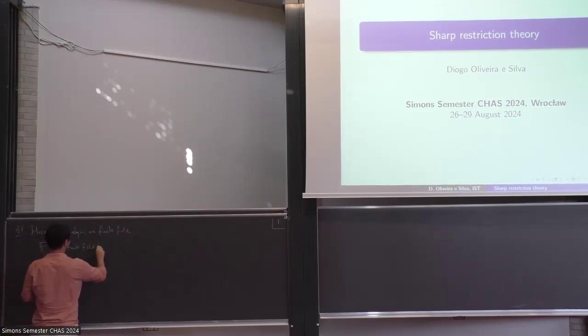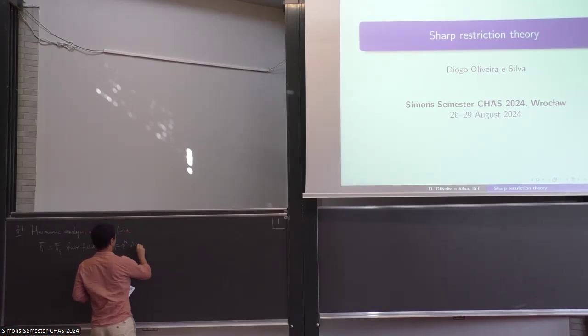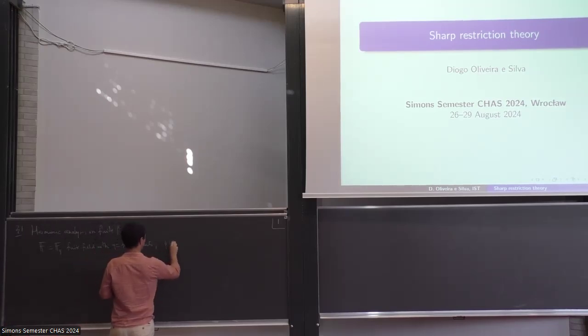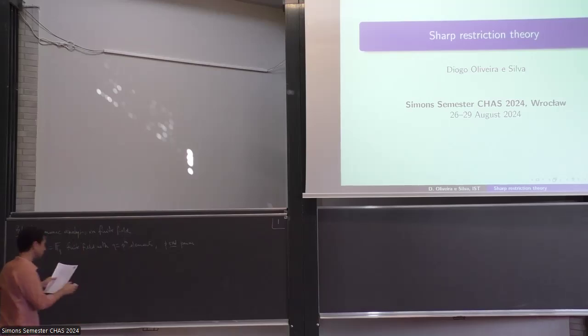This is a finite field with q elements. q is necessarily a power of a prime. And in this talk, our primes will be odd. P equals 2 is also a prime, but for what I'm going to say today, it's simpler with odd primes.